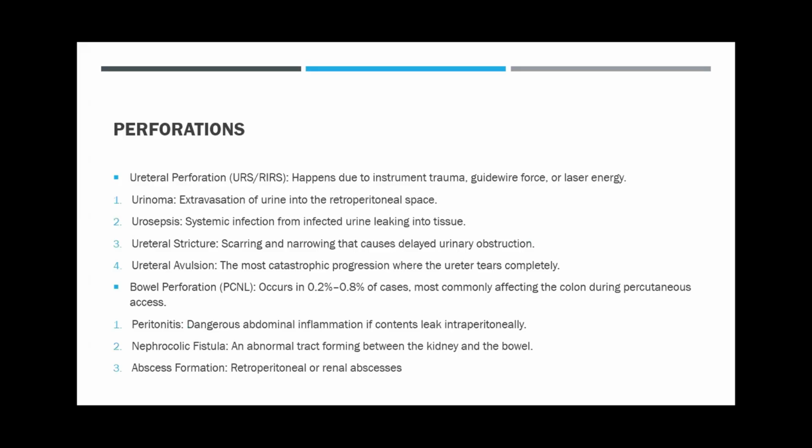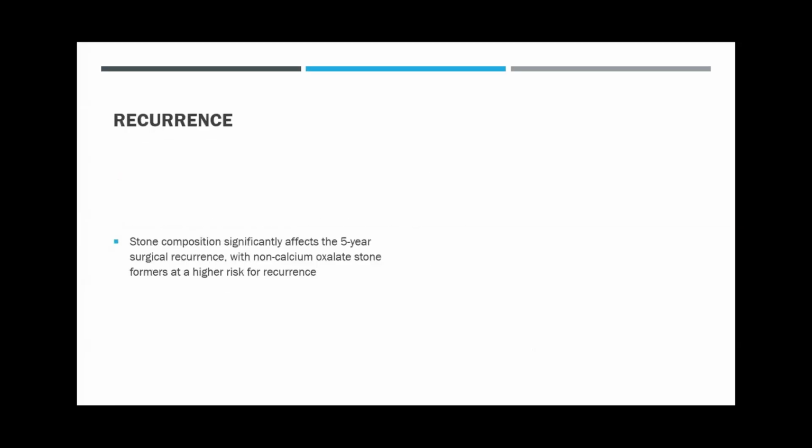One of the complications also is perforation, and it can be in the ureter, and it can lead to urinoma, sepsis, stricture, or ureteral avulsion. Then also we have bowel perforation, and it can cause peritonitis, nephrocolic fistula, or abscess formation in the retroperitoneal space.